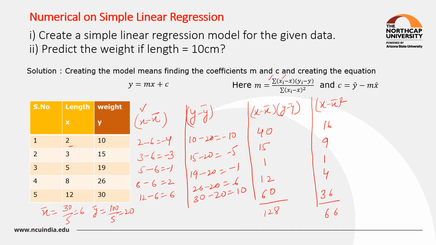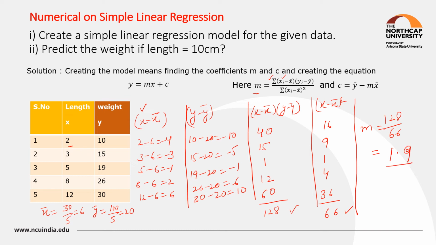Now we have all the values. Let's find m. m is the ratio of 128 to 66, and its value is coming out to be 1.9, right?